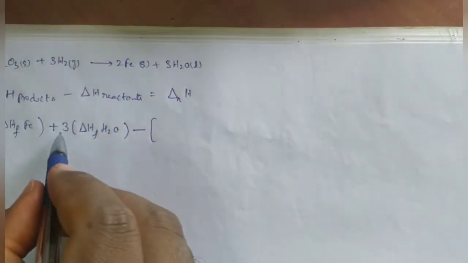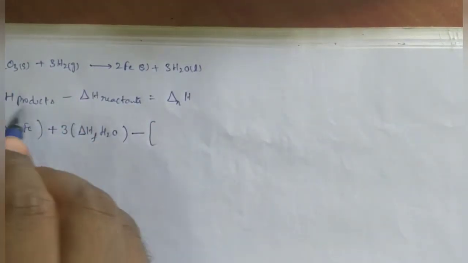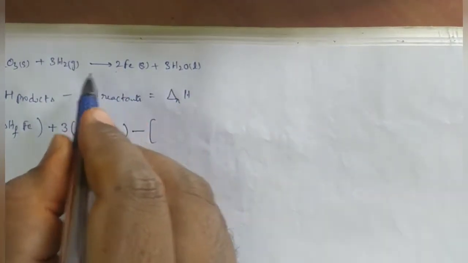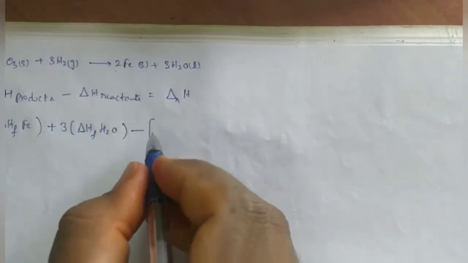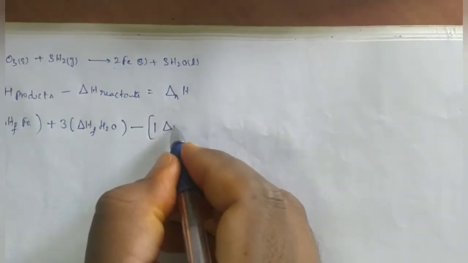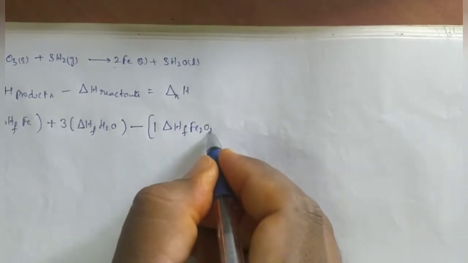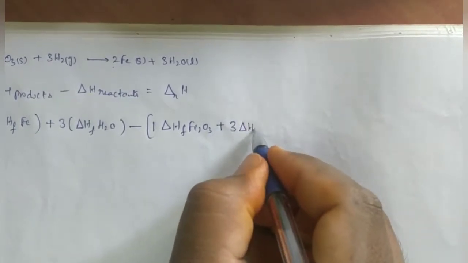What are the coefficients I am writing here? First I am considering the products, iron and H2O. 2 into delta H of iron plus 3 into delta H of H2O, minus 1 into delta H of Fe2O3 plus 3 into delta H of H2.